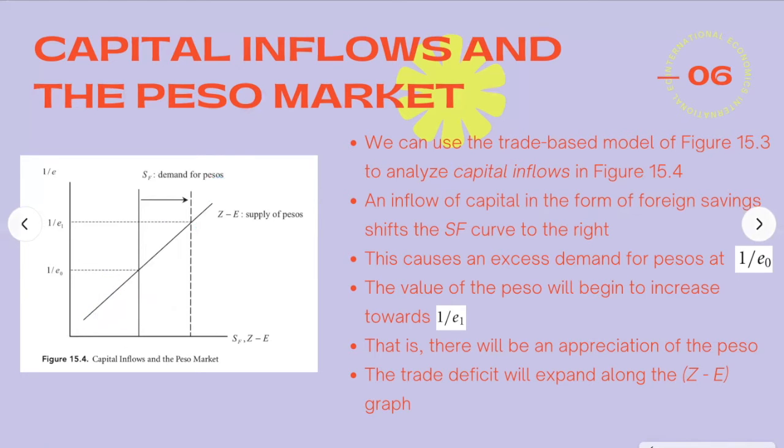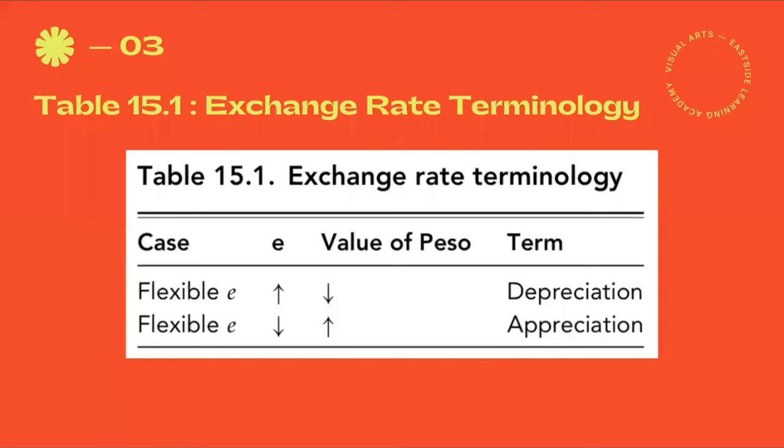And this excess demand for pesos will result in the value of the pesos beginning to increase towards the 1 per E1 line. You can see it will increase, and because of that, there will be an appreciation of pesos, just like I mentioned before in this table, where when there's a decrease in E or a rise in value of pesos, there will be an appreciation.